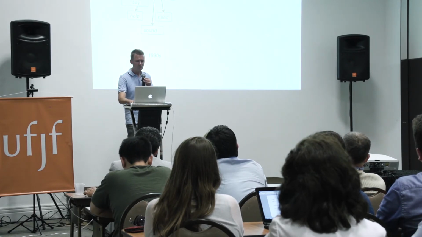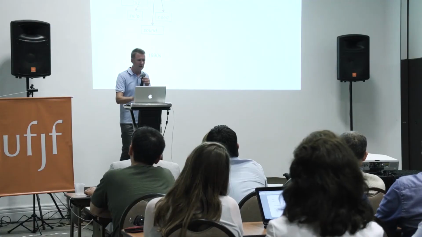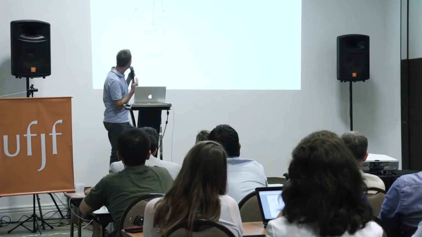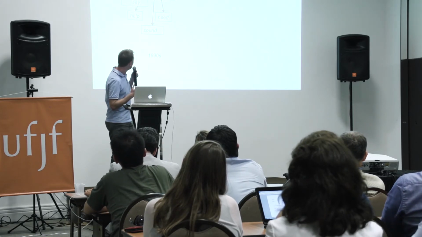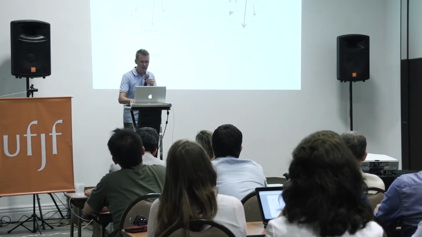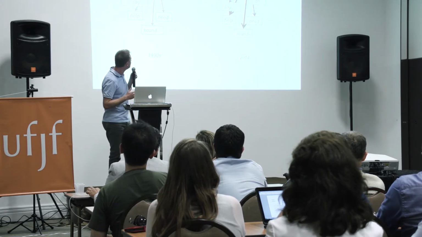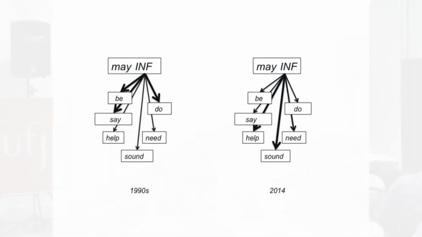So let's say, for instance, that these are results from the BNC, so we're in the 1990s, that indicate that may during this time co-occurred a lot with verbs such as be, do, say, and so on and so forth. And let's say that we recognize that over time there are certain changes happening to this network and to the respective connections and their strengths.